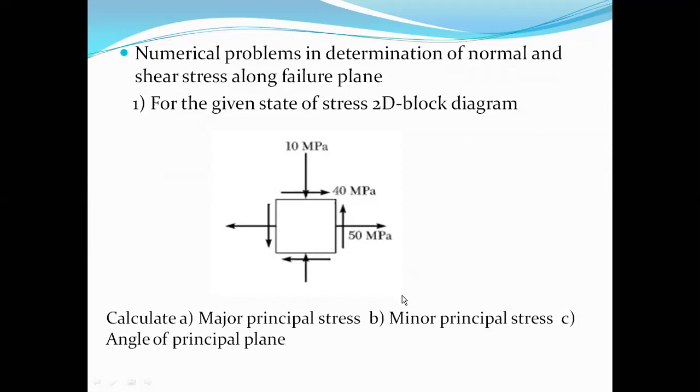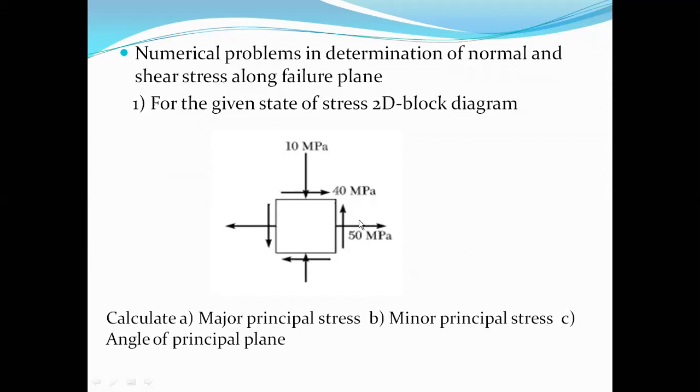If the normal force is of compressive nature, we take it as negative. If the force is of tensile nature, we take it as positive. I repeat: if the vertical or normal force is compressive, we take it as negative, and if it is tensile, we take it as positive.